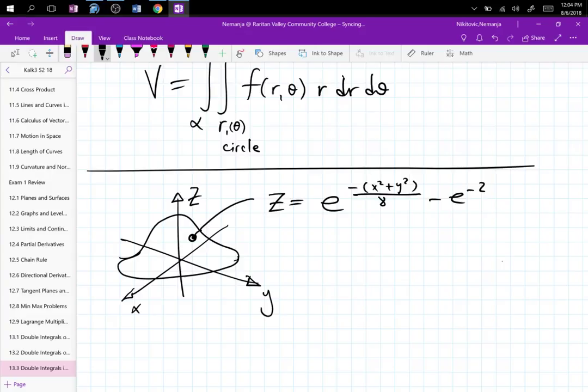So that's the shape which we are supposed to integrate, and that's that. Now we want the full thing.